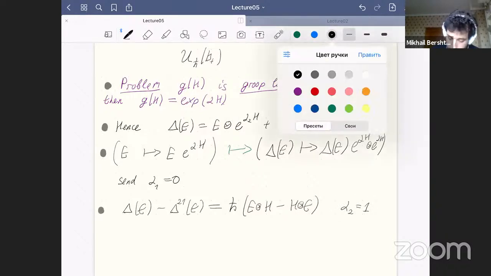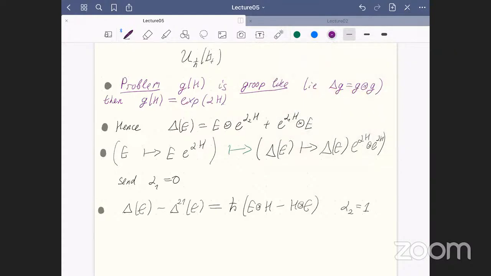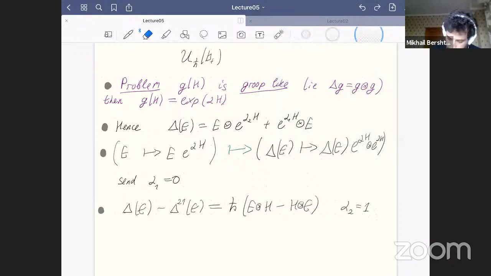So finally, 1 or h bar? Yes, it should be h bar. Actually, even here should be h bar, I think, because otherwise, what is the meaning of such an exponent?